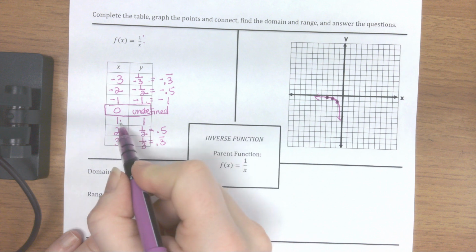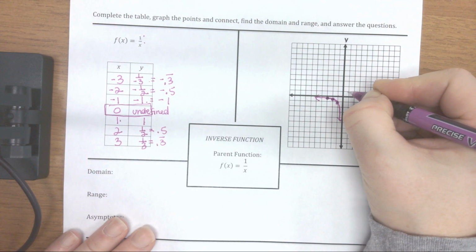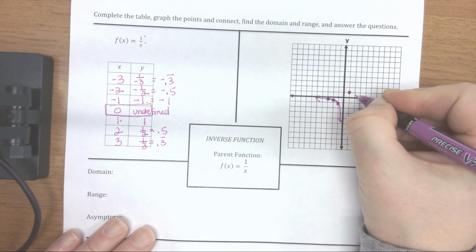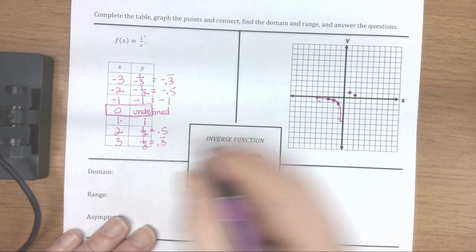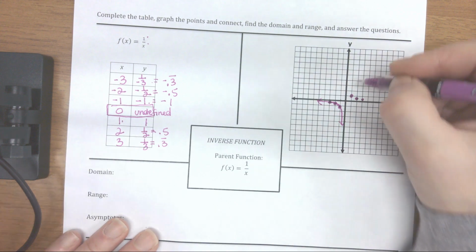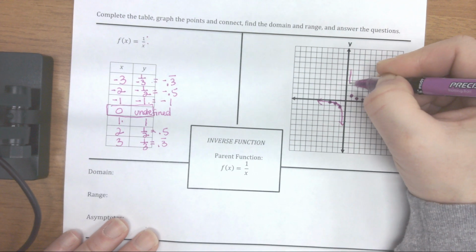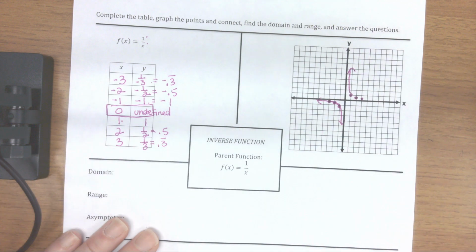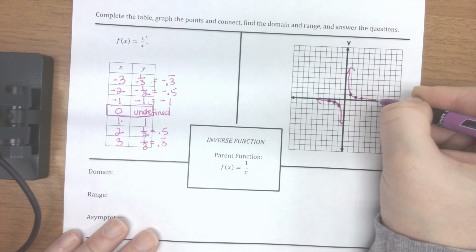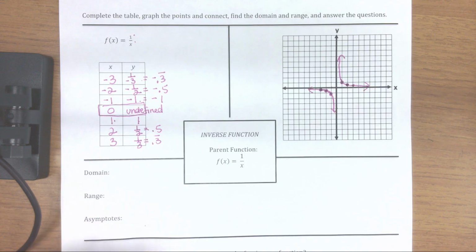If I would plot my point, here's 1, 1, 2.5, it's going to make a similar curve, and 3.3. So on this side, you're going to make your curve approach but not cross the y-axis from this side. Okay. So it's very different than something we've seen before.